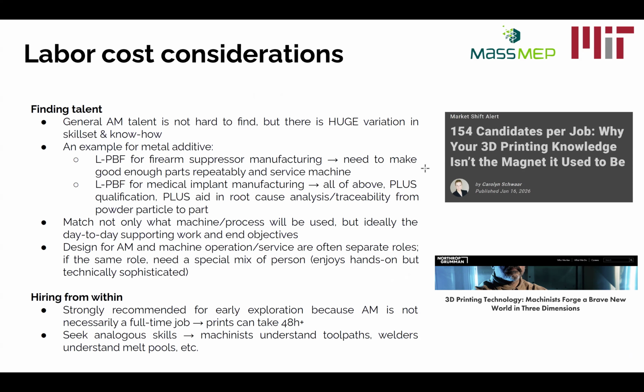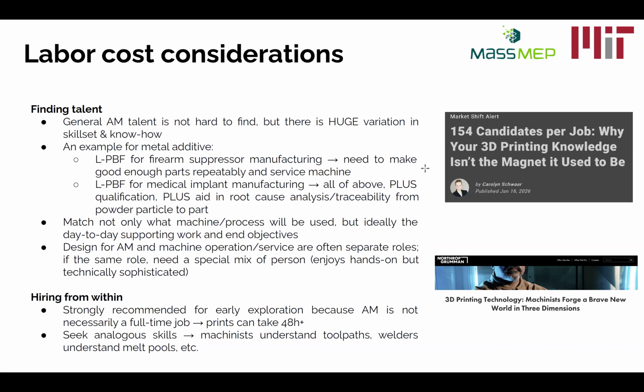At a big company like General Electric, or now they're called Colibrium, but it used to be General Electric, or Siemens, or something like that, big industrial users of additive, those are three separate people, because they can specialize in individual roles. In your organization, they might not be separate.